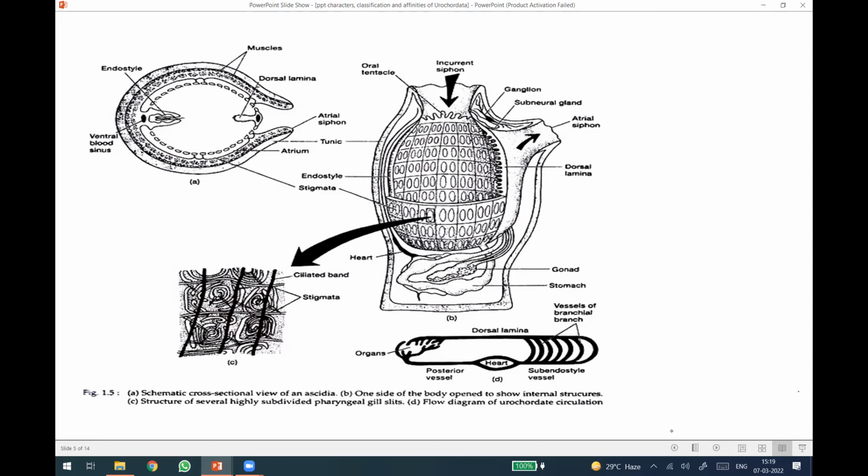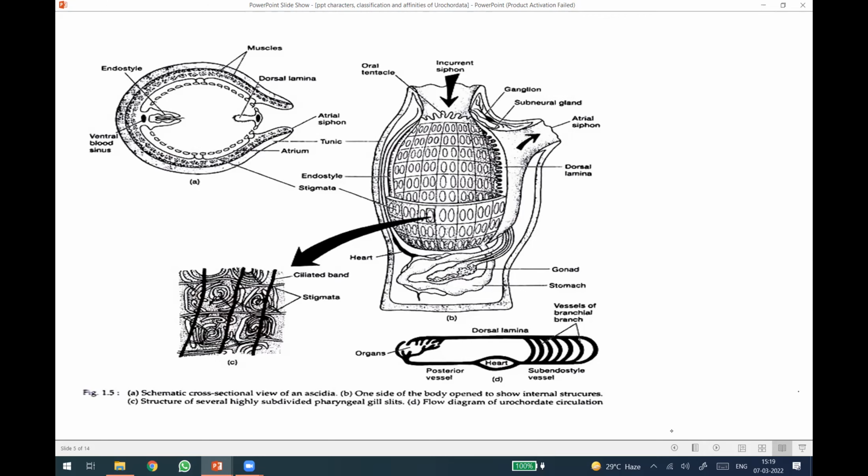This siphon we have already seen. There are two siphons, the incurrent siphon, and the atrial siphon or excurrent siphon. This is the single small heart, and this is the alimentary canal. Into the loop of the alimentary canal lies the single gonad. They are hermaphrodites having one single ovary and single testis.